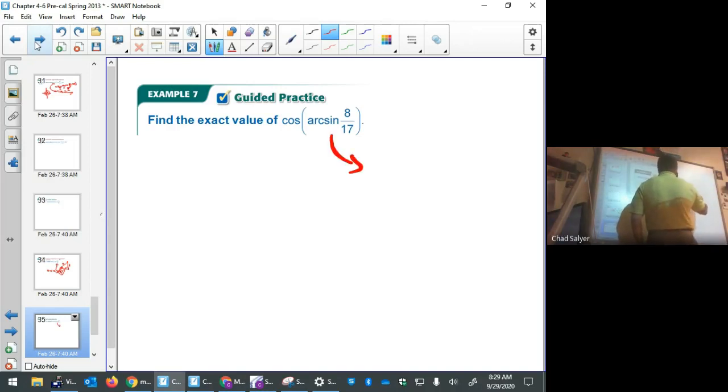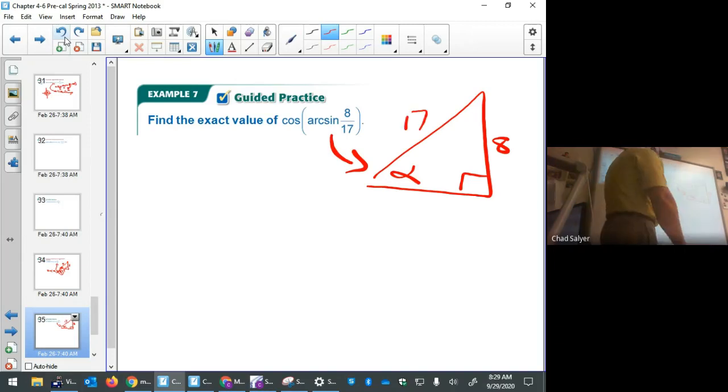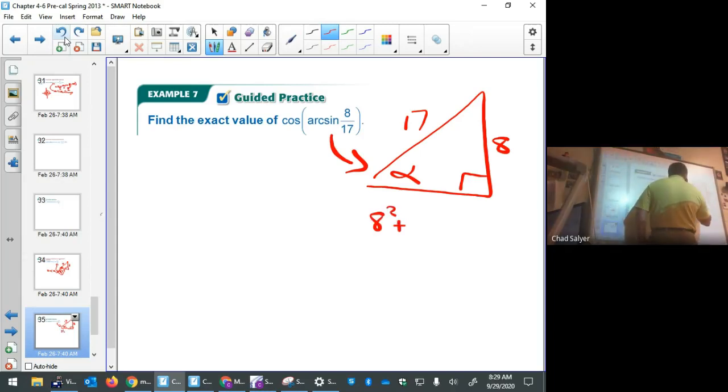So we've got some angle alpha in a reference triangle where the sine, in other words, the ratio of the opposite to the hypotenuse, is 8 to 17. So I know 8 squared plus our unknown side b squared equals 17 squared.